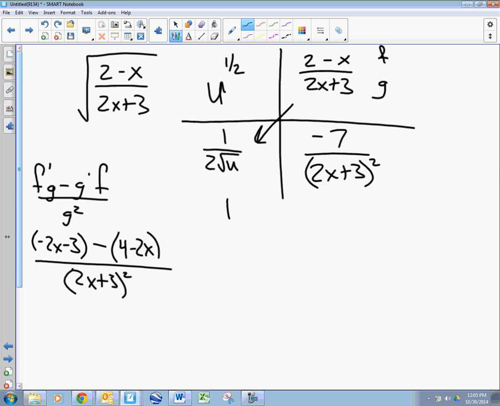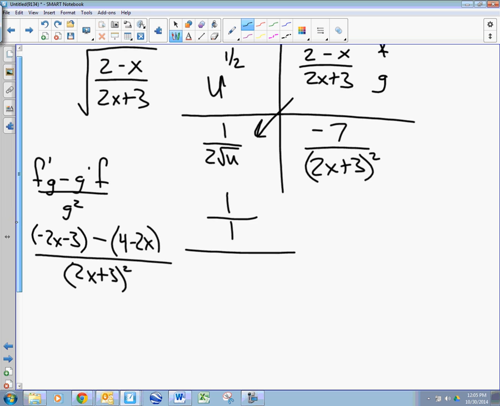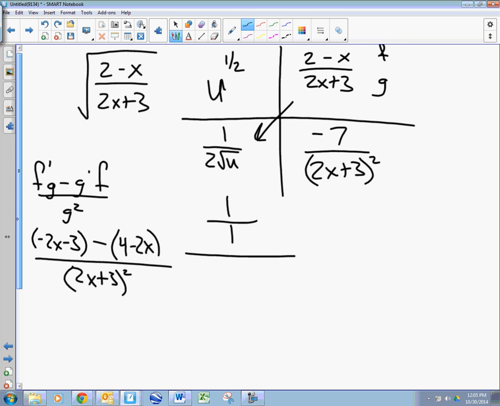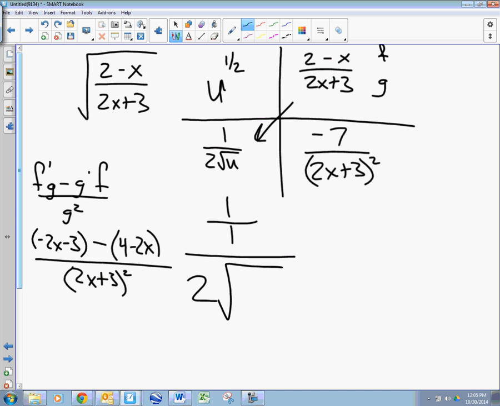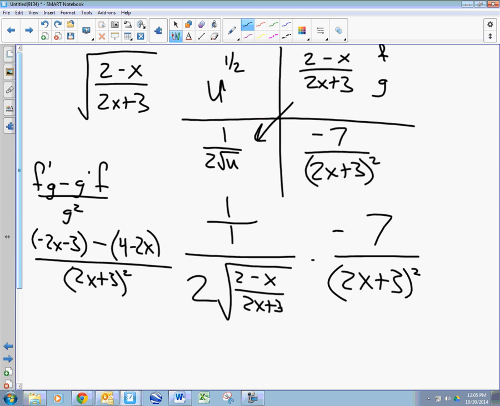So I'm going to set this up as a complex fraction, 1 over 1 divided by 2 times the root of 2 minus x over 2x plus 3 times negative 7 over 2x plus 3, that quantity squared. Told you guys would get angry.